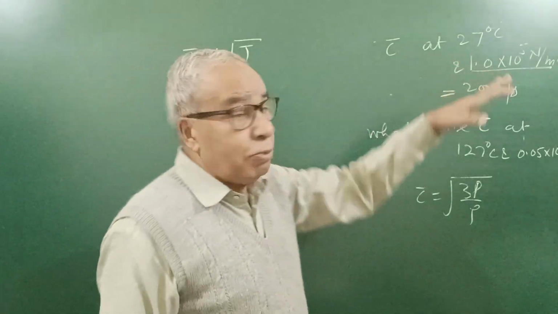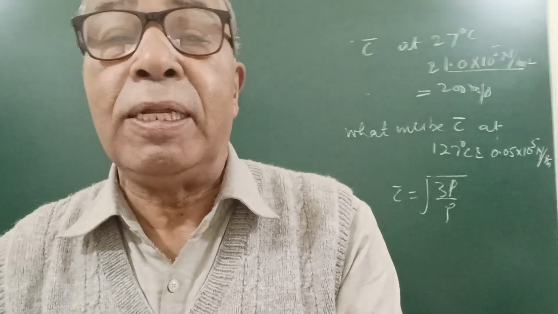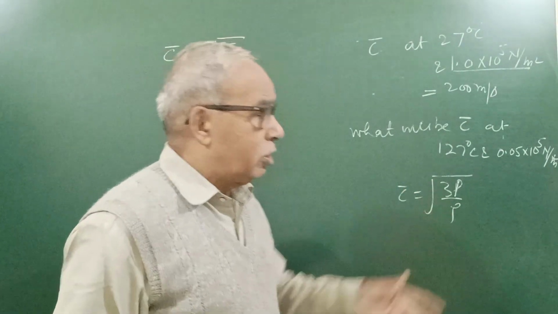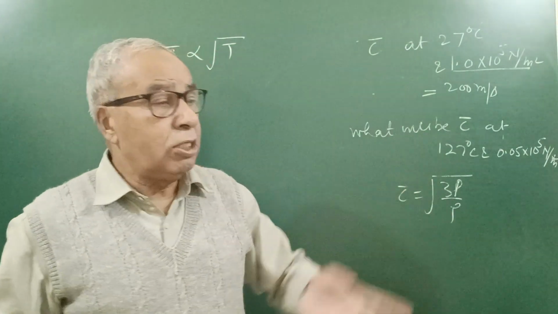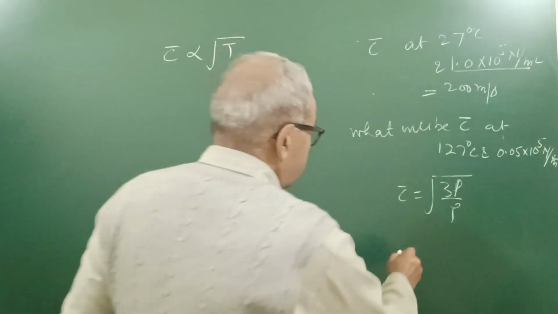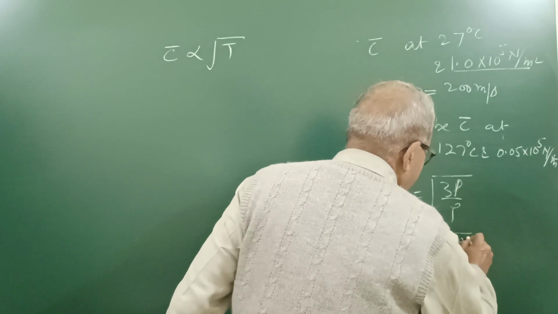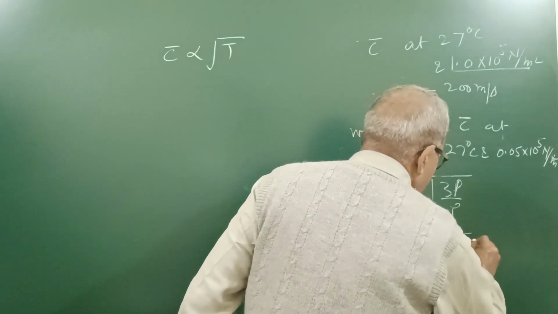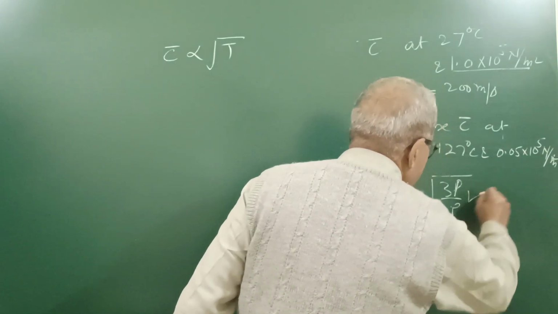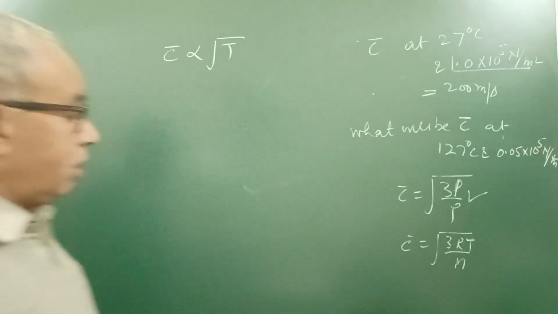So if you are given a question in terms of density, then you may think about this. But here density is not given. And this derivation, C bar equal to under root 3RT by M, has been derived from this. So pressure has no role in this equation.